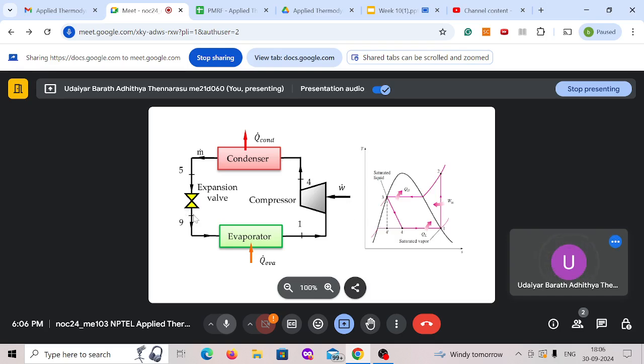And if you see here, the expansion valve operates on the principle of the Joule-Thomson effect. This is also an expansion process. In the previous cases, we had turbines doing the expansion. Even turbines will give you a temperature drop with reduction in pressure, but here we change it to a valve.